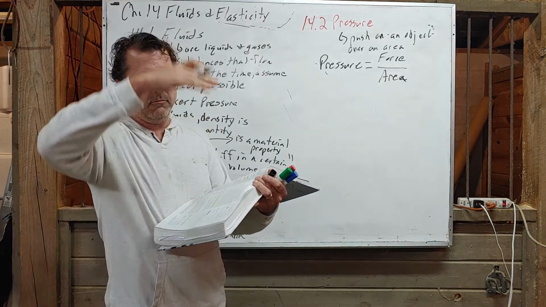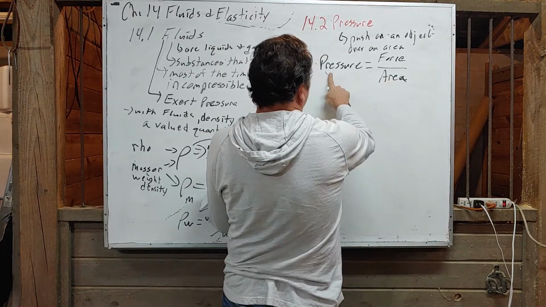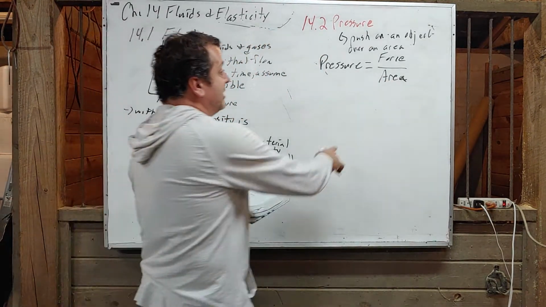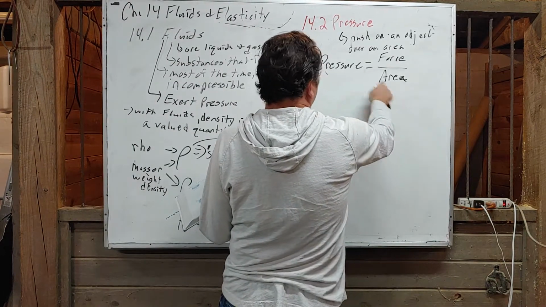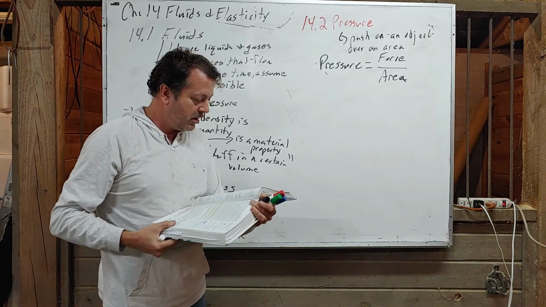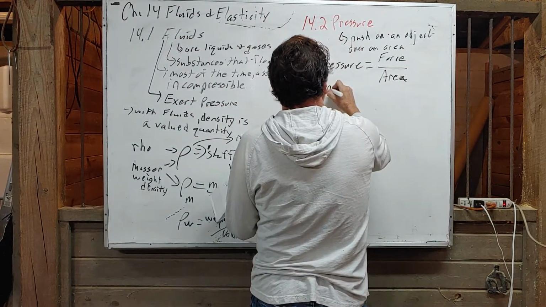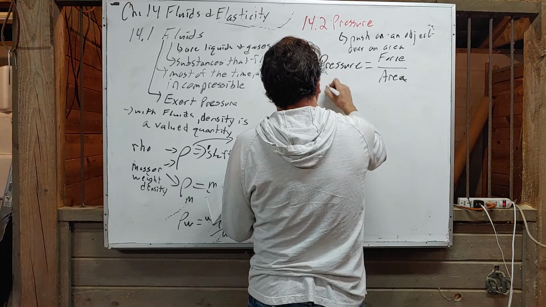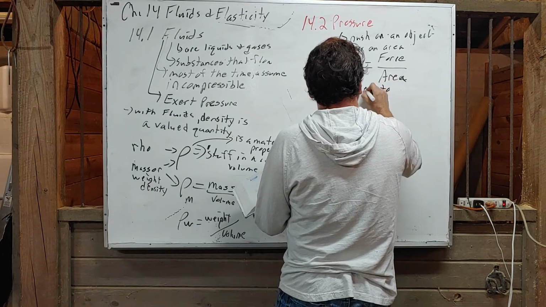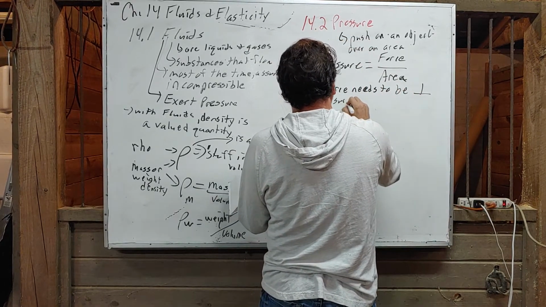So area has a reciprocal relationship. When this one gets bigger, pressure gets smaller. And when this gets smaller, because it's underneath, pressure gets bigger. They're inversely related to each other. Okay? Now I will say here, the force needs to be perpendicular to the surface.